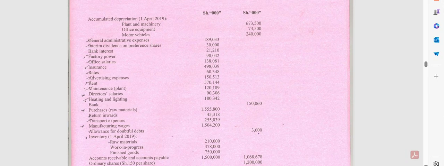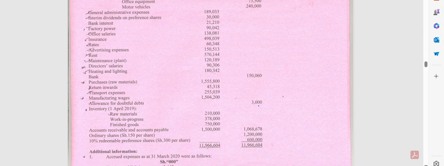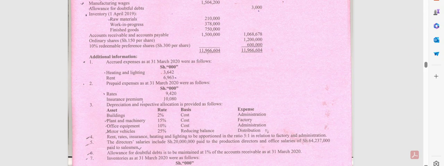Then next is office salary. In the income statement you are told to apportion, remember. So we have to go back to the additional information here. We are told to apportion these to 5/6 factory and 1/6 admin.